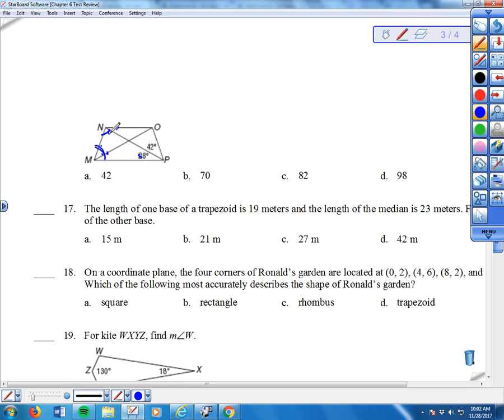Does that make sense? I have this triangle. I know this angle is 28. I know this whole angle is equal to this whole angle, which is 70. I'm trying to find that angle. So 98, 180 minus 98 is 82.